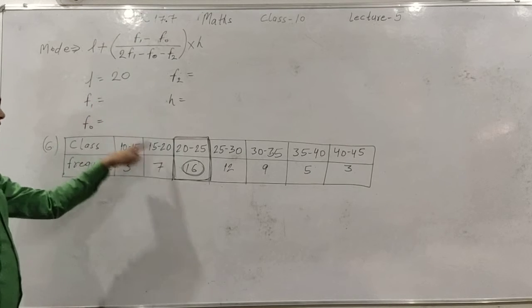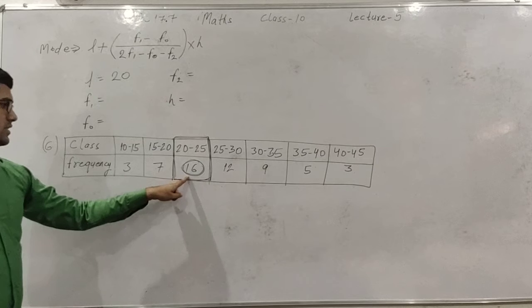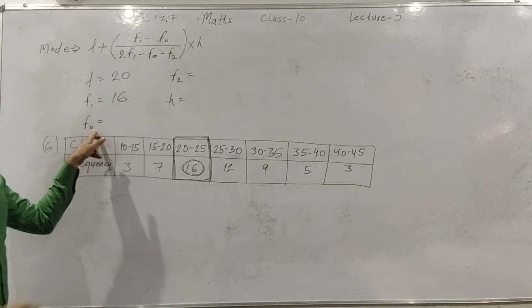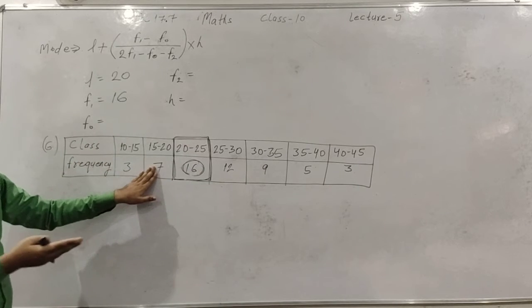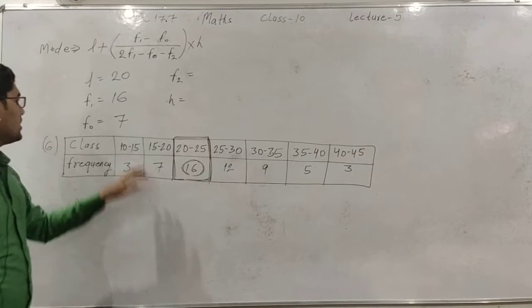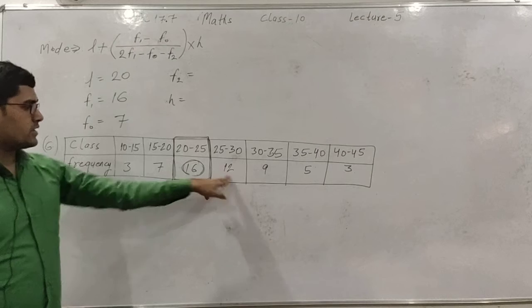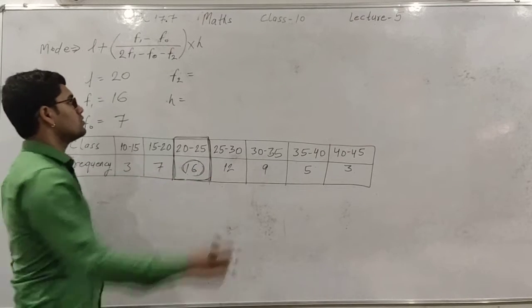What is F1? This is the frequency of this slab. This is F1. F0 is the one just before this, which is 7. Then F2 is the one just after F1.